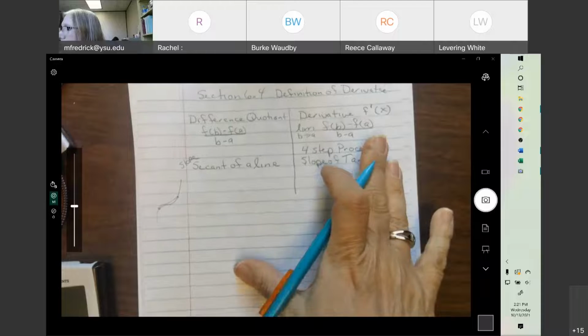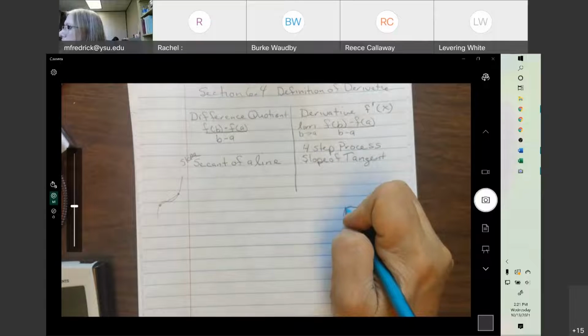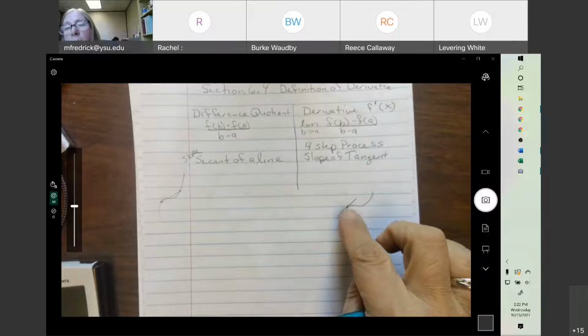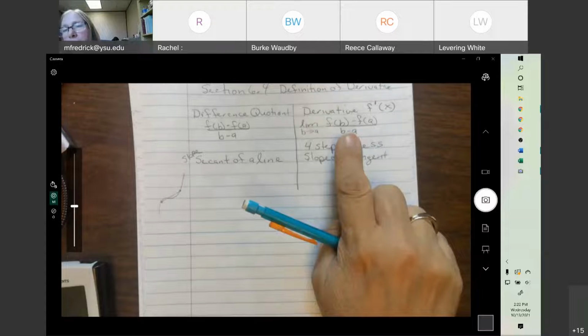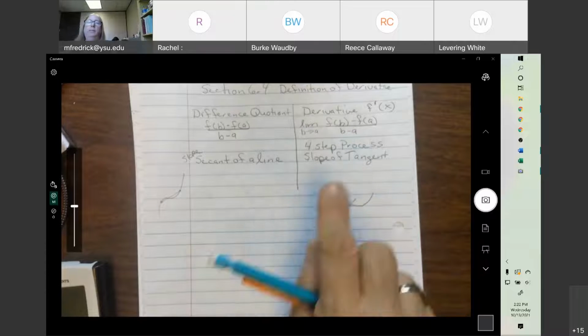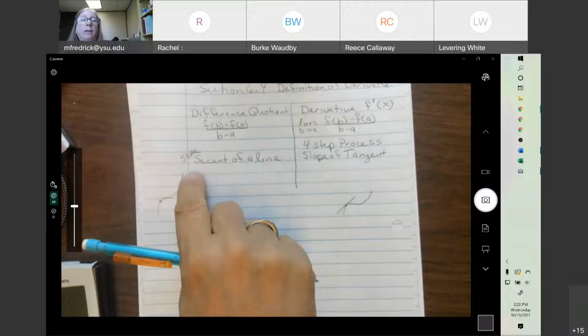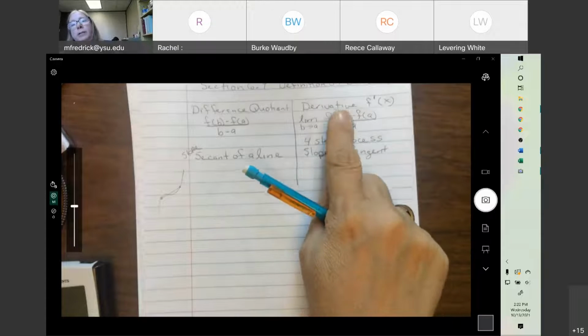The tangent line is where it touches at one point. We're just given one value. And that's why it uses the derivative. Remember, we use this when we have one value, we use this when we have two. So the slope of the secant line is this formula, the slope of the tangent is the derivative.